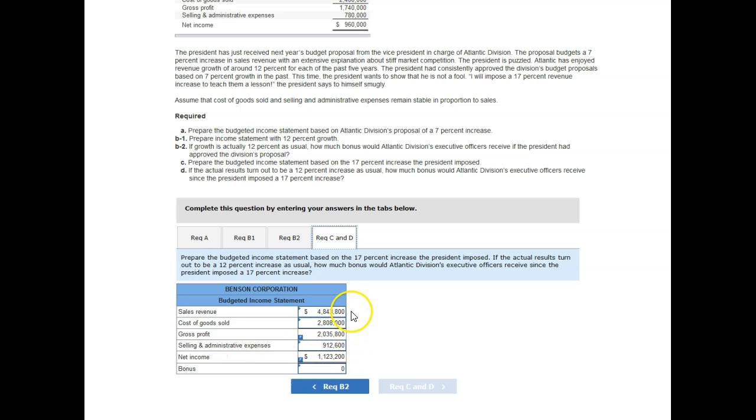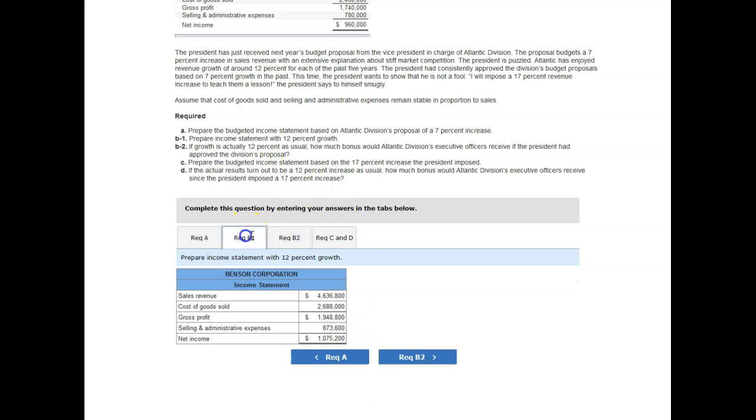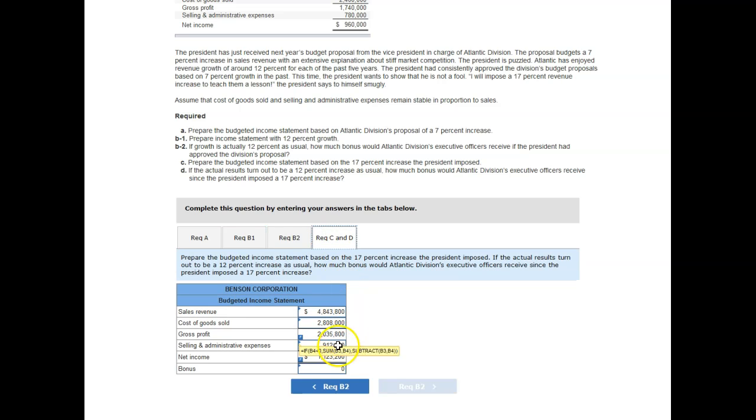$1,123,200. Now if this was the budget, if the president imposed a 17% increase as a budget, but the actual, like it says here, was only 12%, going back to these numbers again, you can see net income here, actual, would be less than the budget, and there would be no bonus.